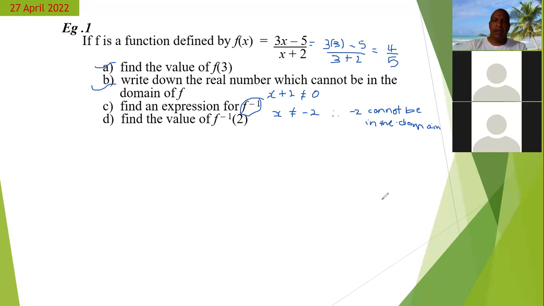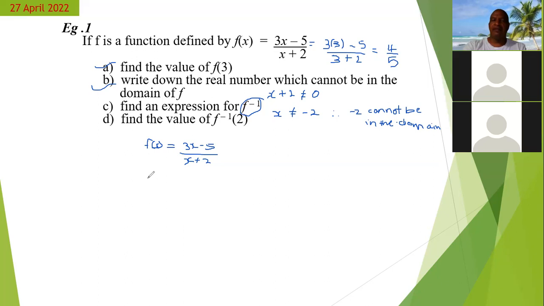All right, so here we have f of x equal to 3x minus 5 over x plus 2. What we want to do next, if we are following the steps, is replace f of x with y.